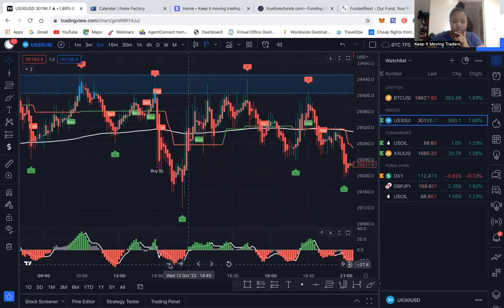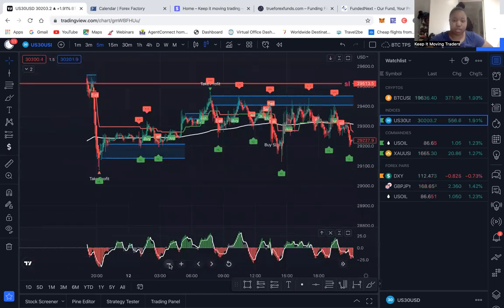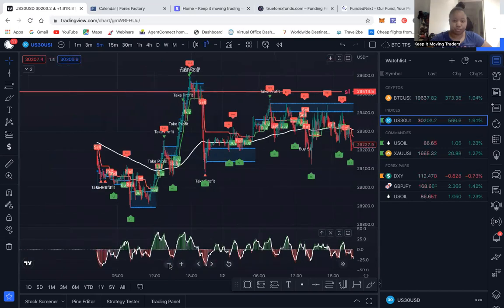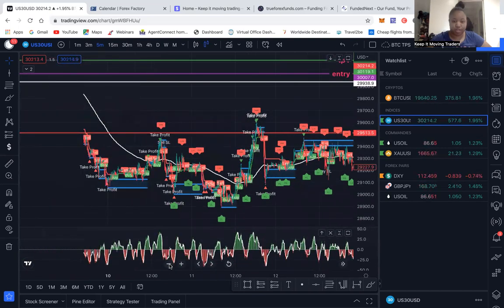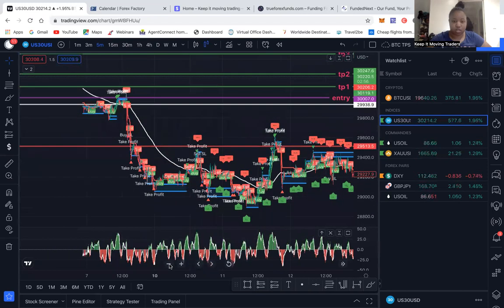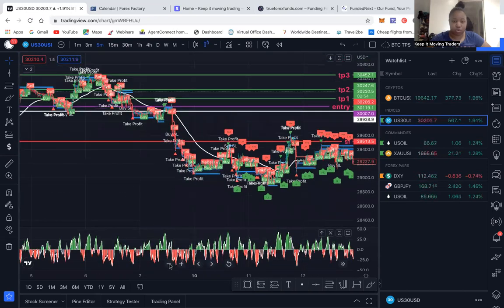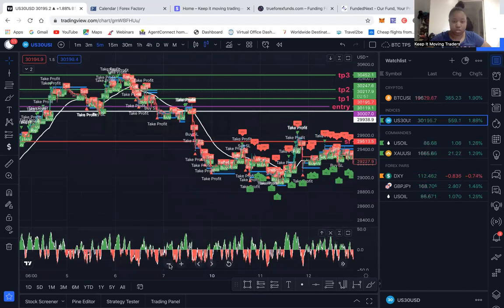Let me see if I can zoom in right here. Yeah, that was really far. Should be coming up anytime soon. Oh Jesus! Look at the line gone.